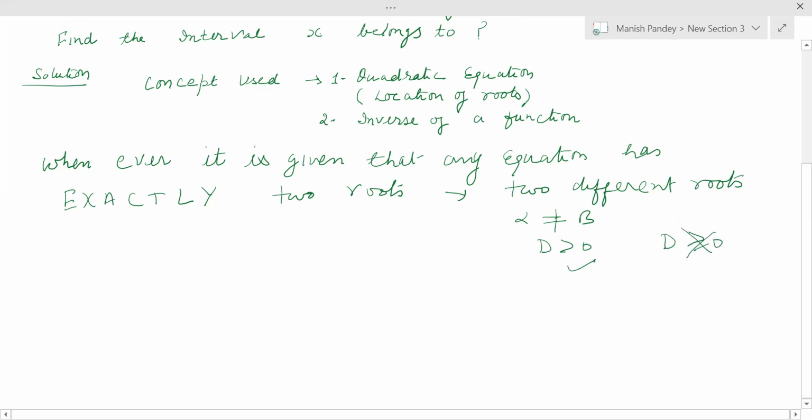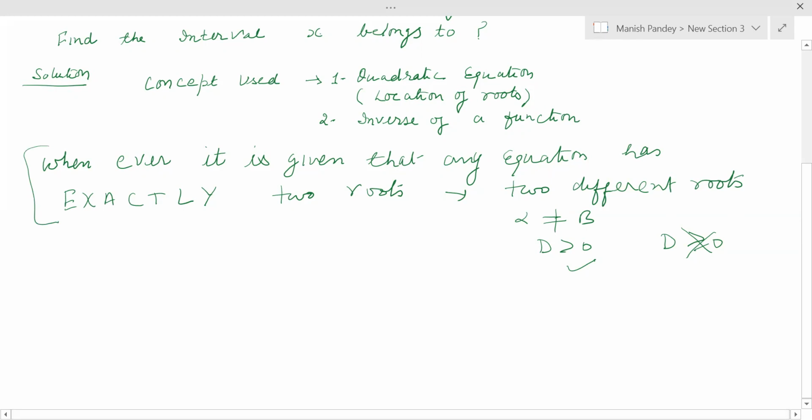There will definitely be one answer which is in closed brackets, and if you take D greater than or equal to 0, you will mark it and that will be wrong. So whenever any equation, quadratic or cubic, has two different solutions, you have to take two different solutions. This is the point every student must know.